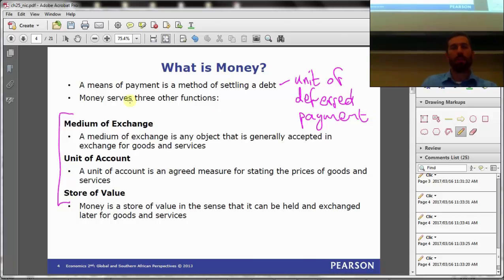Okay? So, in other words, you can use money to settle your debts, which means you can use money to basically pay for things over time, which is interesting. I think that's one of the most interesting functions of money, that you can exchange stuff over time. So, as I mentioned at the beginning, we don't operate in a barter economy, okay?